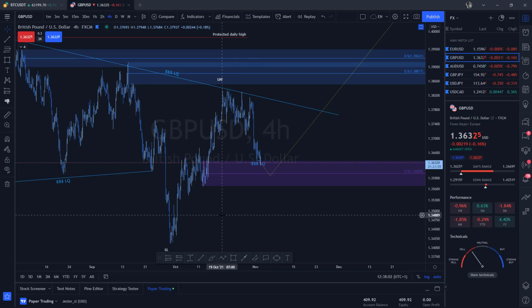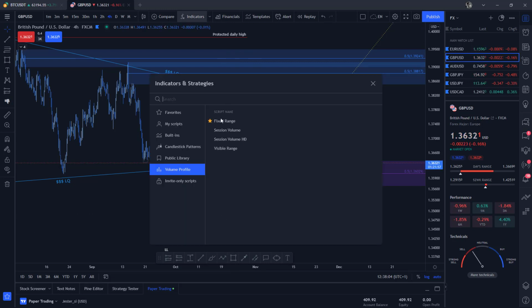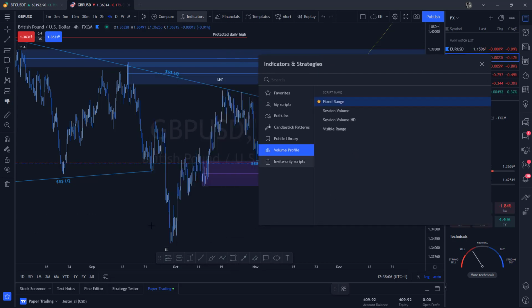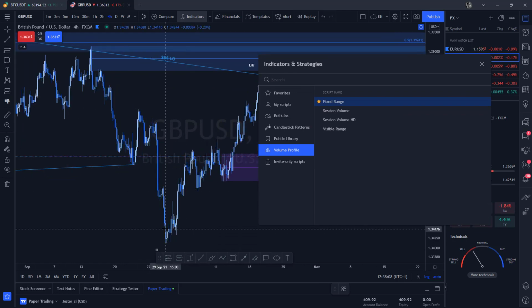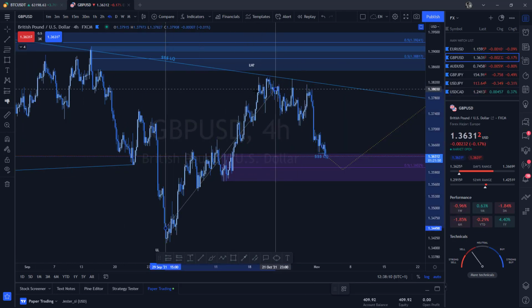Let's take the volume profile another time and measure the swing, from the low to the highest point, which was this one here.